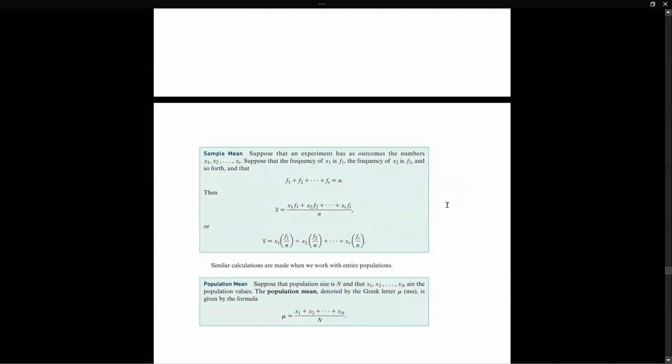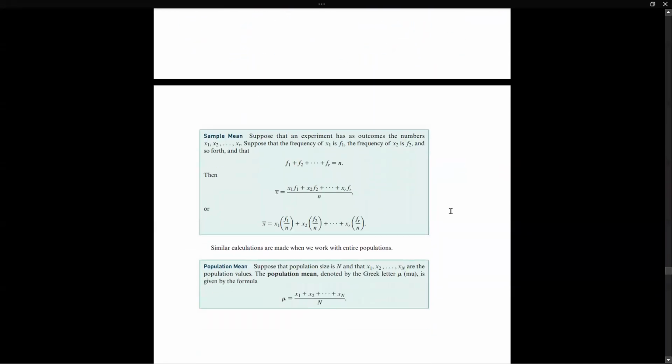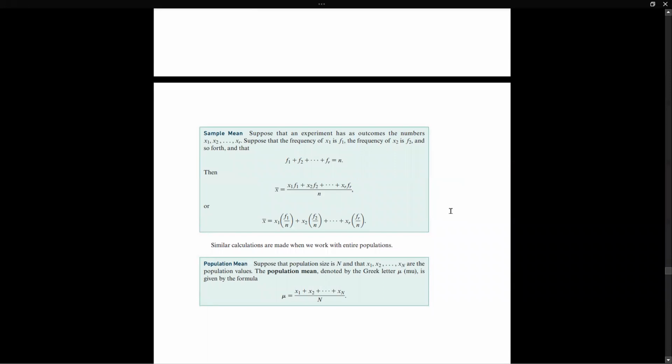So if you add up the frequencies, which I did, I got 52, then the mean can be calculated by x1 f1 added to x2 f2, and so forth. So the sum, in math, we can also do something like this: sum of xi fi over n, right? Or you can do 1 over n times the sum of xi fi, where i goes from 1 to r.